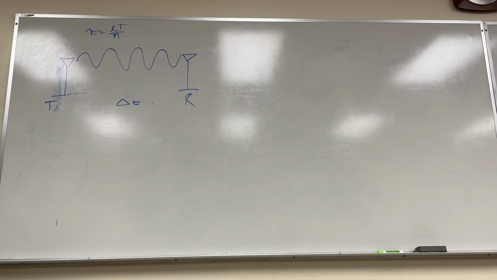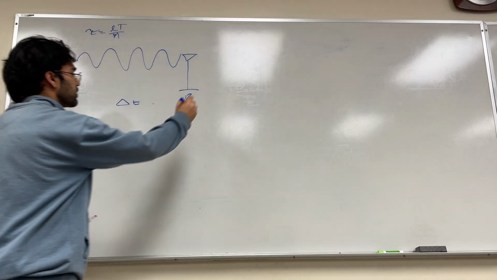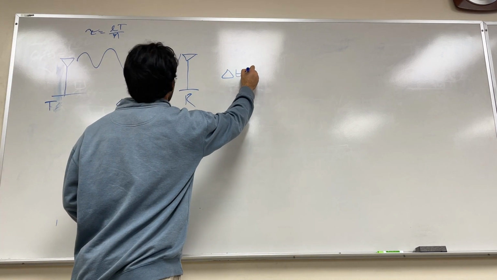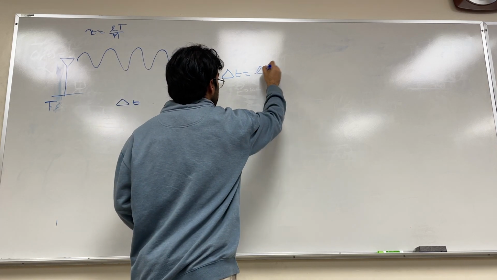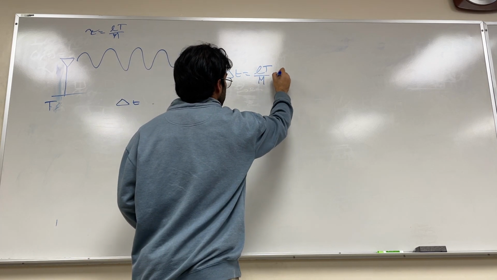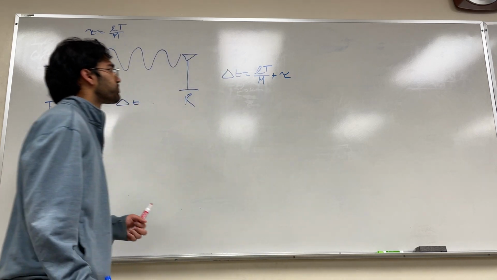So we could say that delta t equals some integer plus another small offset, right?